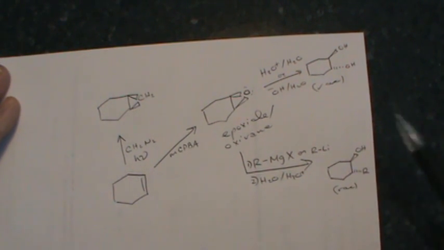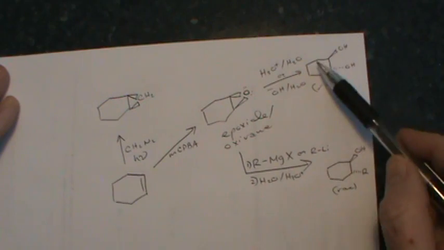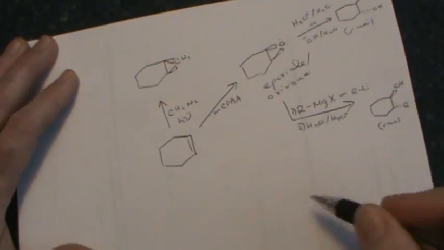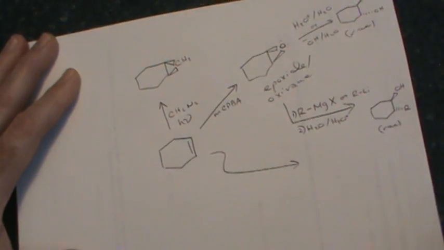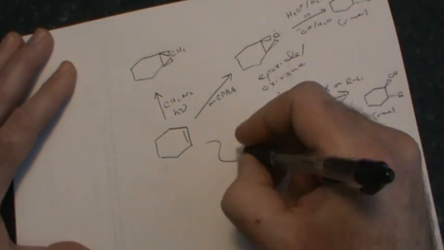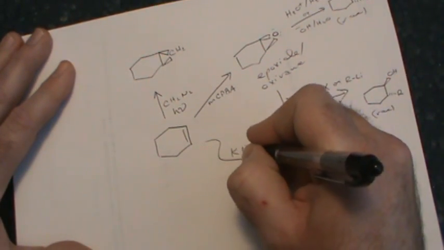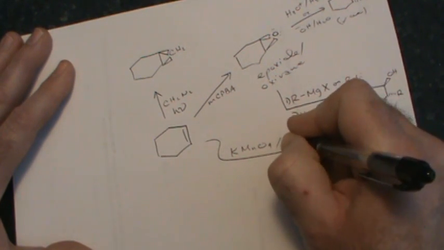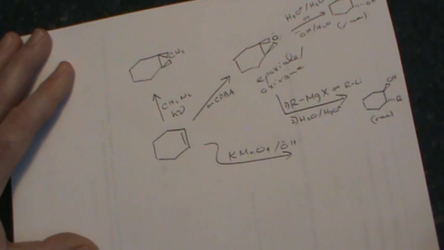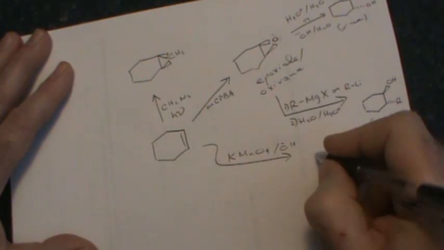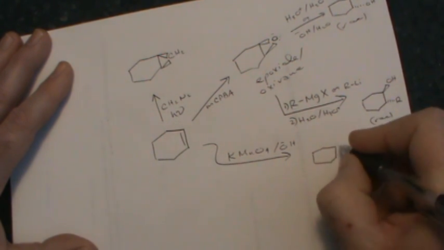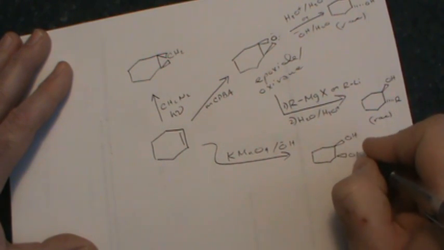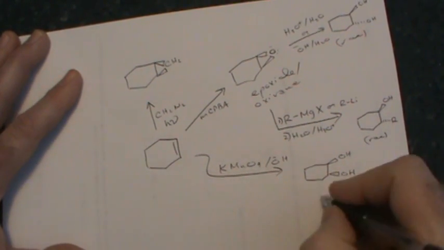Well, as long as we've shown that it's possible to make this anti-vicinal diol through hydrolysis of an epoxide, let's go ahead and talk about how to make a syn-vicinal diol. We know a couple of different ways to do that. Potassium permanganate under aqueous basic conditions will take our alkene to the corresponding syn-vicinal diol.